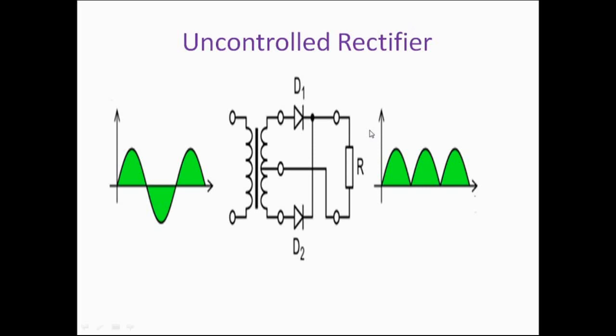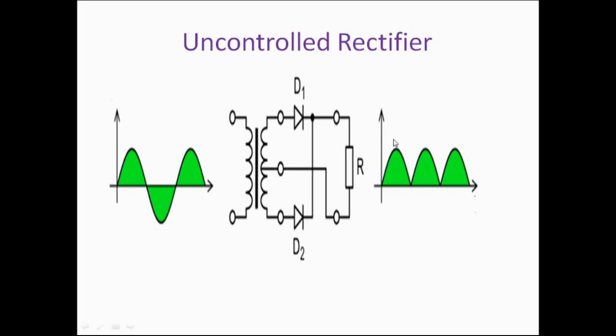Is there any mechanism to change the output voltage from 10 to 5? No. Only one way is we should connect one extra resistance here. What happens? So there is an I squared R. So lot of power is wasted across that resistance.